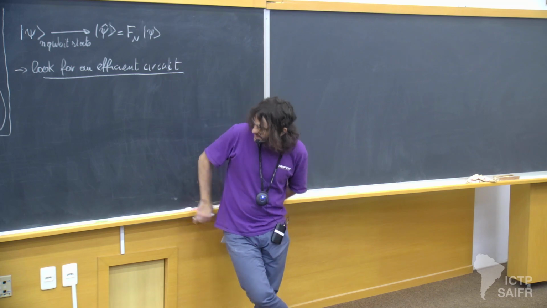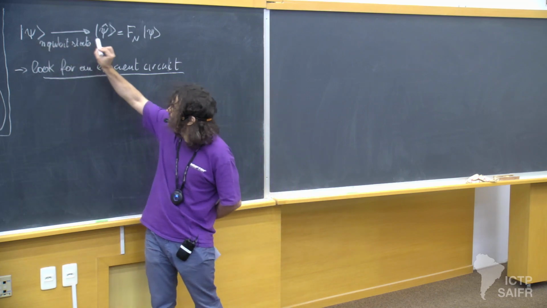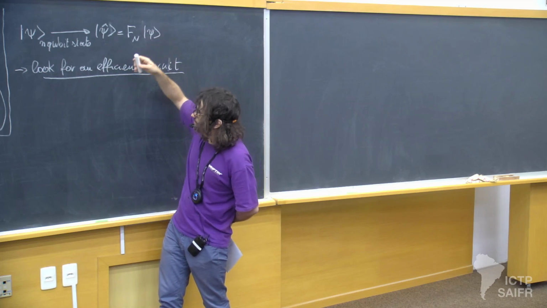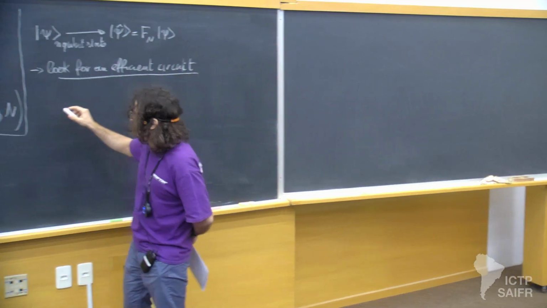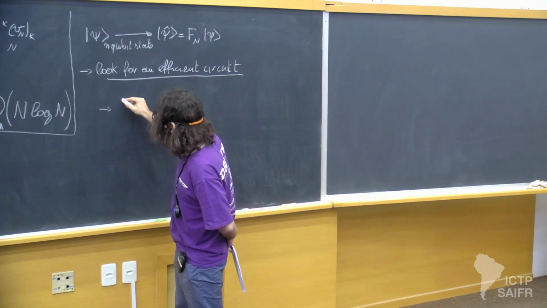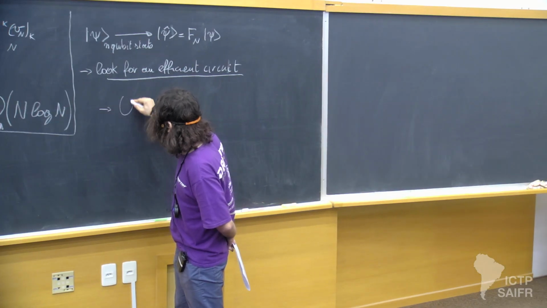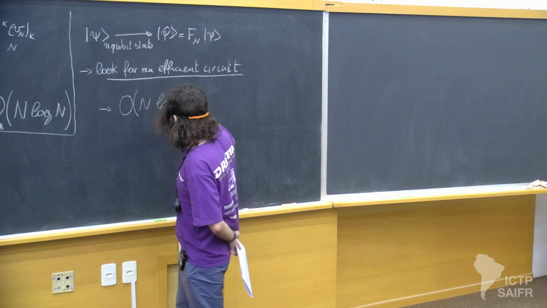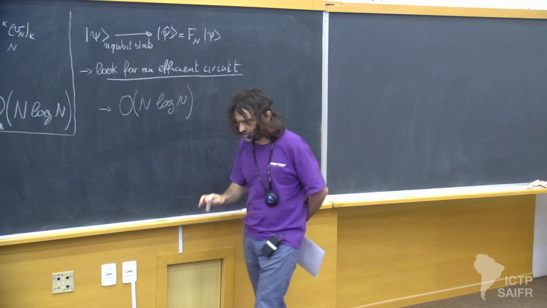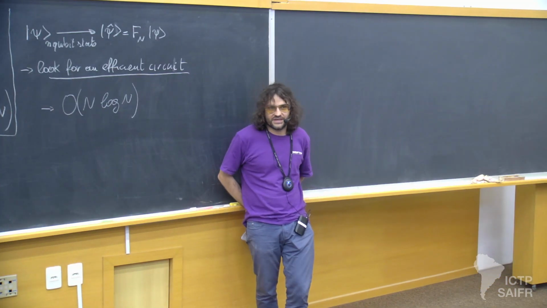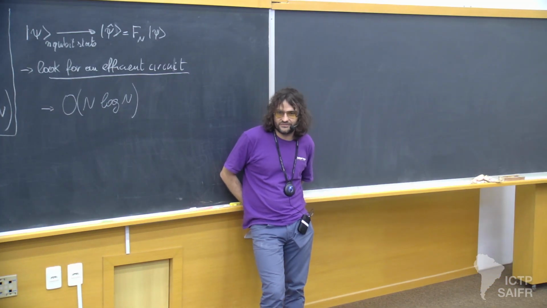So let me recap. You want to transform this guy to this guy with a circuit, and now comes the naive part. I want that my circuit runs with a complexity that is below n log n. However, as I said, this is naive. And if you want, it's a bit cheating in favor of quantum.